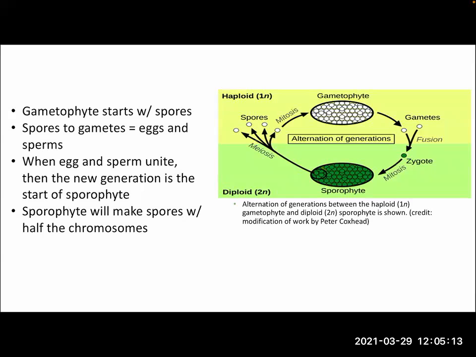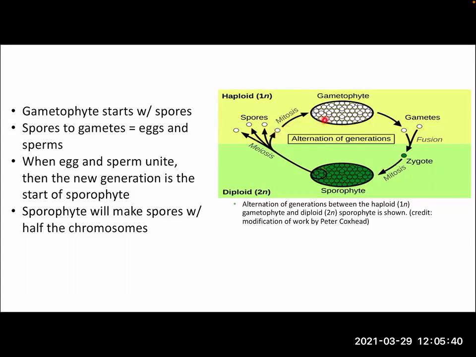And so this figure will hopefully clarify what we mean by these two different stages. So you have a haploid stage that you see here, 1N, meaning one copy of the chromosome. And remember, that is the gametophyte. So here you have spores that only have one copy of the chromosome.